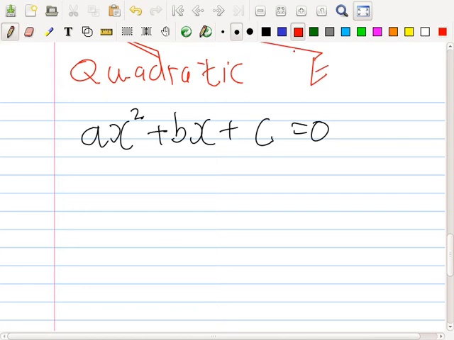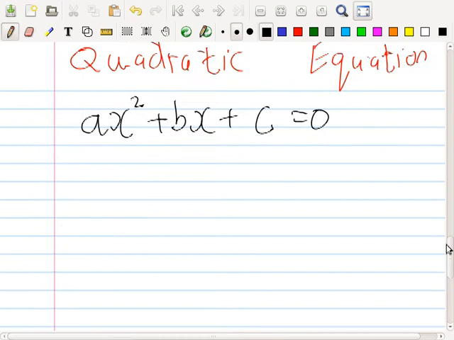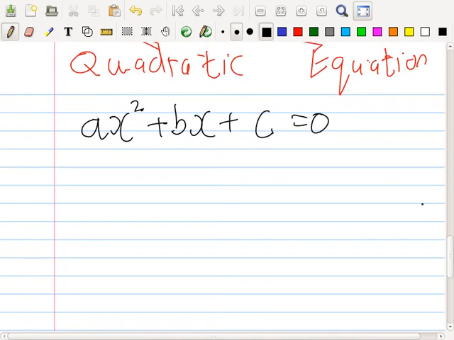Quadratic equation. Now, really important, a, b, and c can be any real number, but you can't really have a to be 0. So that's the only exception.